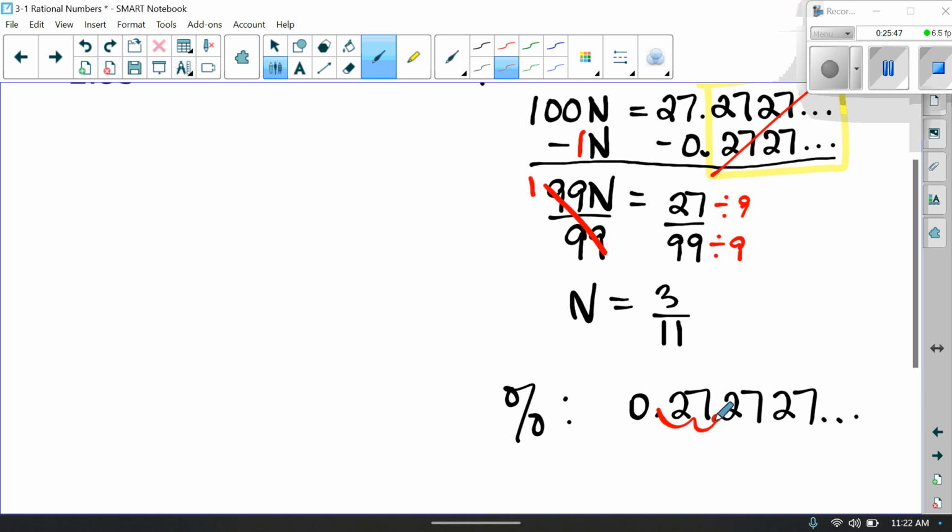So this is going to give me 27.272727, right? But what is that 272727 as a fraction? 3/11. So the percent is 27 and 3/11%.